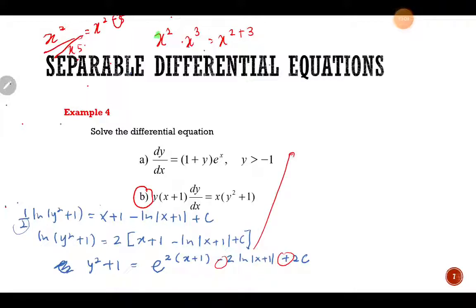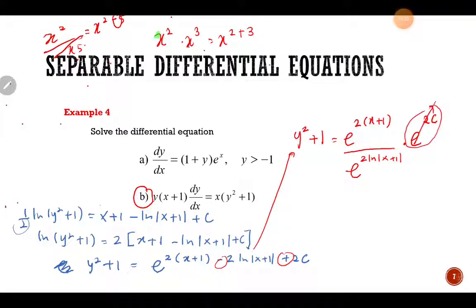So meaning kat sini dia adalah Y square plus 1 is equals to E the power of 2 X tambah 1. Tolak maknanya dia adalah bahagi E to power of 2 ln X plus 1 and then darab dengan E power of 2C. Again here E power of 2C ni you can regard this as C sahaja. Okay, dan satu lagi kat sini yang ni 2 ln X power 1 ni maknanya dia adalah kuasa 2.